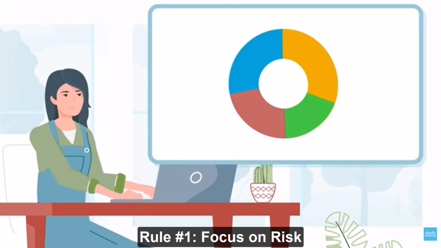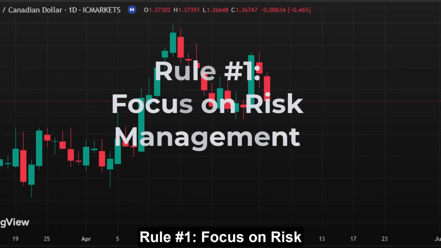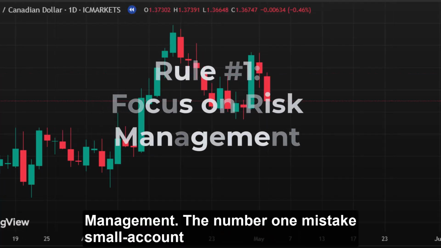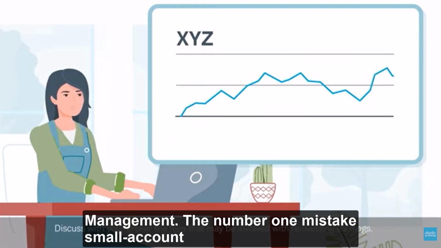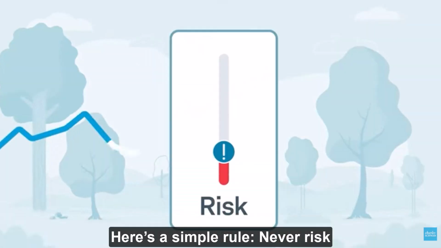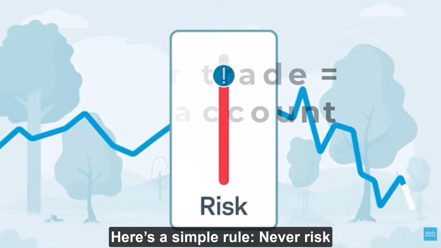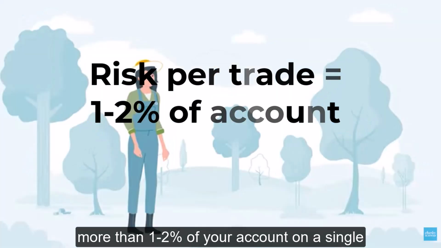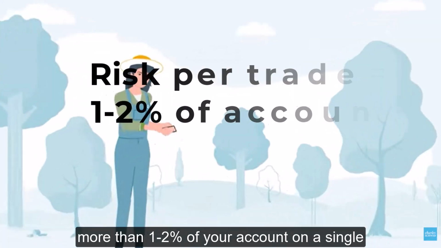Rule number 1. Focus on risk management. The number one mistake small account traders make: risking too much per trade. Here is a simple rule. Never risk more than 1 to 2% of your account on a single trade.